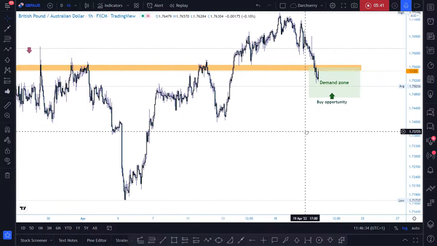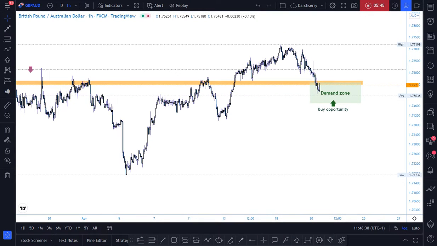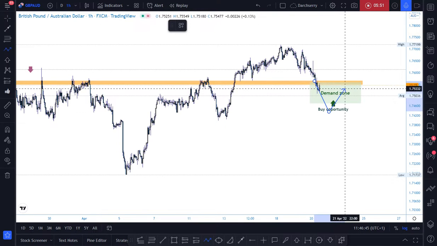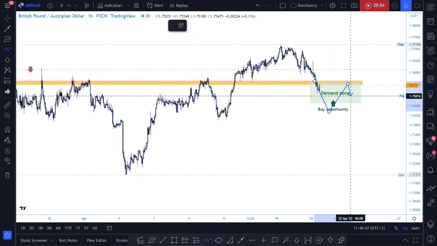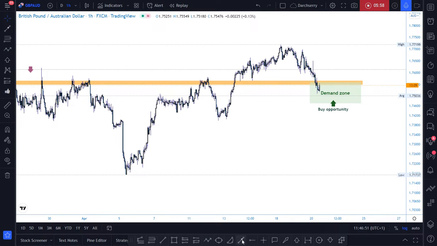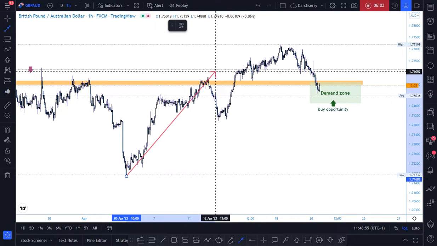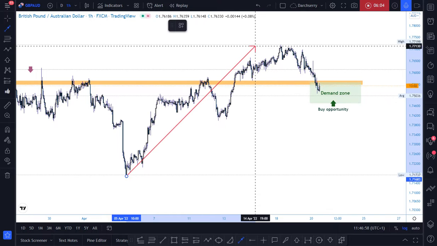However, there is a possibility that price might break down the structure, retest that key level, and go down into a retracement of our first impulse leg.